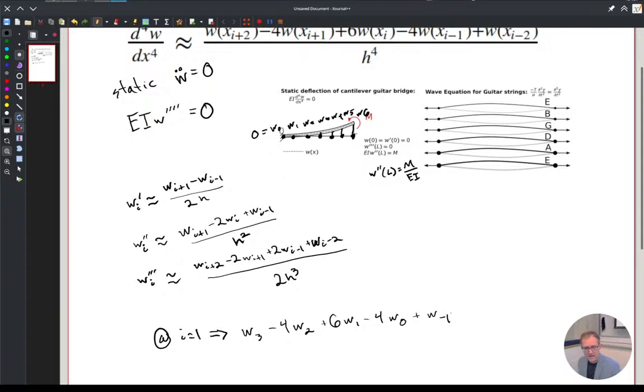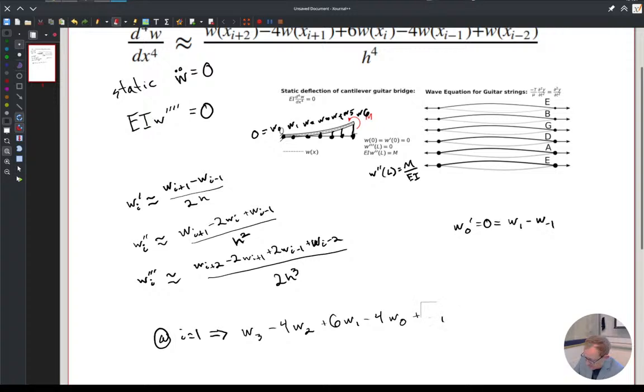W negative 1 I don't know, but I do know that at W0, this is 0, and that has to be equal to W1 minus W negative 1. So W1 equals W negative 1. So I can erase that negative 1 and put in a 1, which makes this, instead of saying 6W1, now a 7W1.